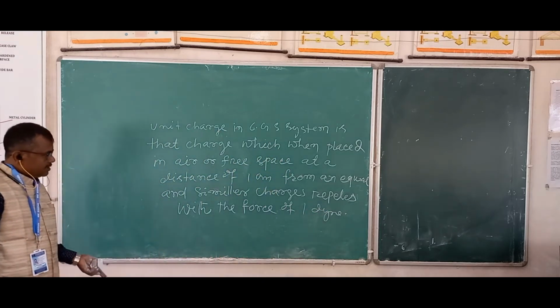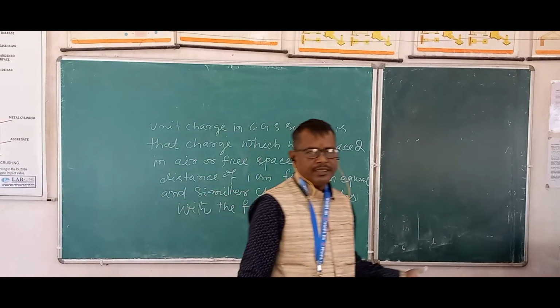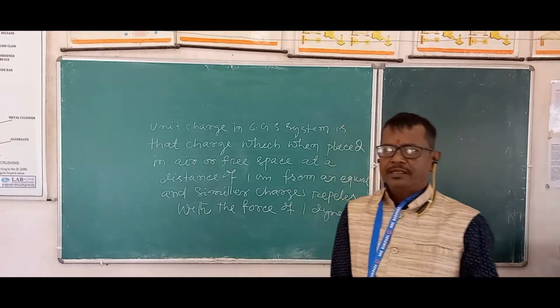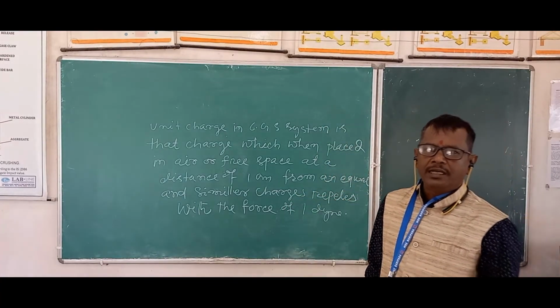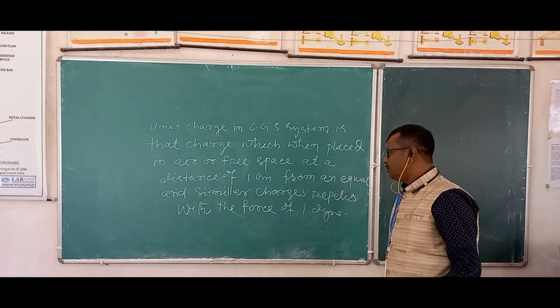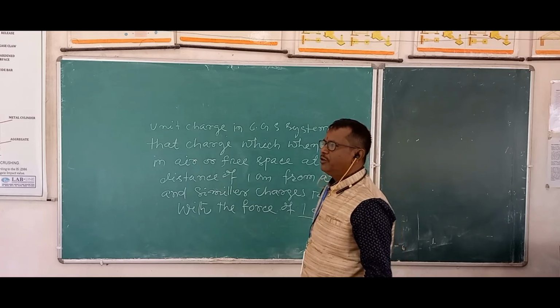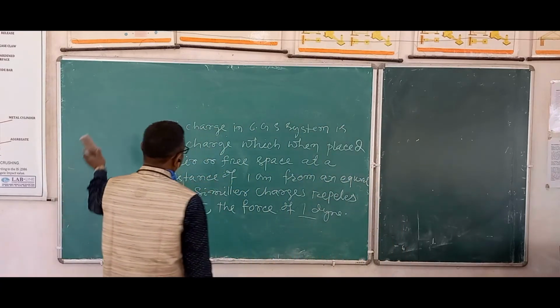Unit charge in CGS system or 1 statcoulomb is that charge which when placed in air or free space at a distance of 1 centimeter from an equal and similar charge repels with the force of 1 dyne. Dyne is the unit of force in CGS system.